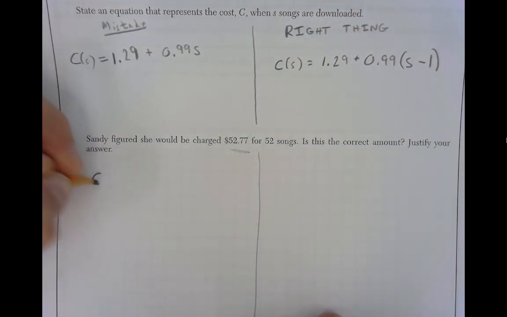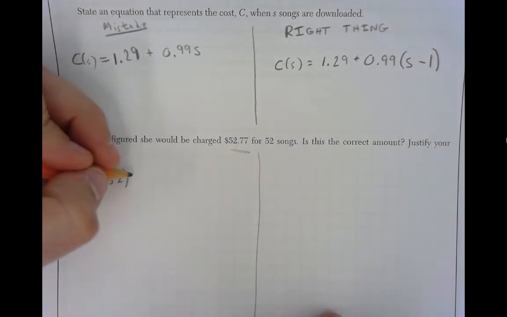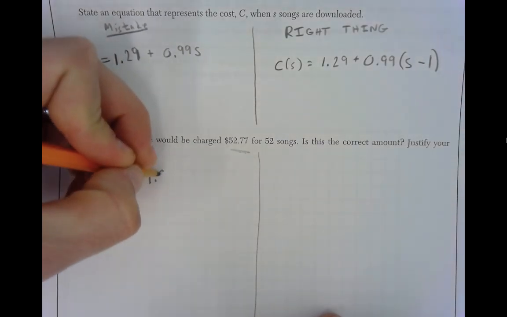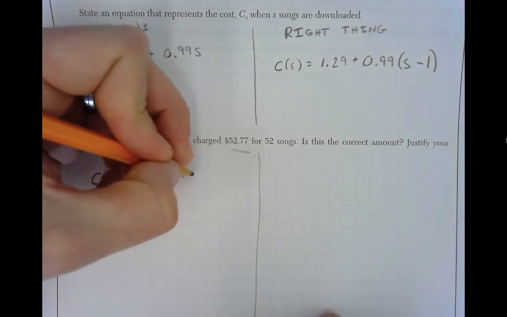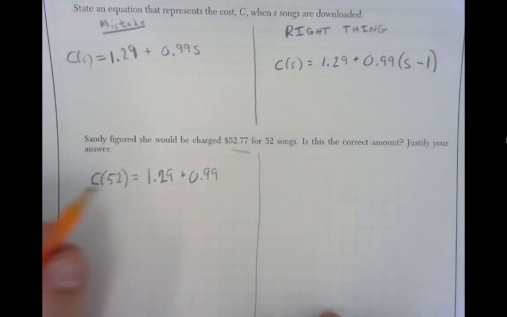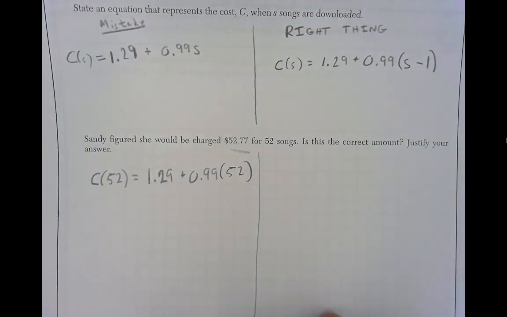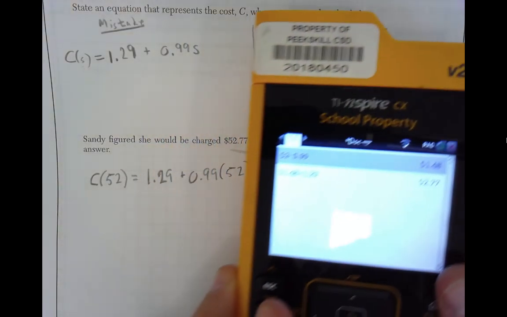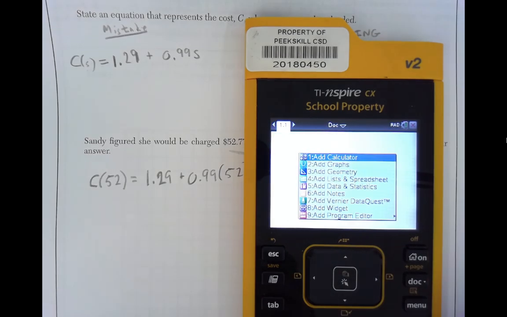Well, I'll say, all right, C of 52, I'm plugging 52 in for S, would equal $1.29 plus 99 cents, and I input 52 songs, so times 52. If we do this work on our calculator real quick, let me make a new document.